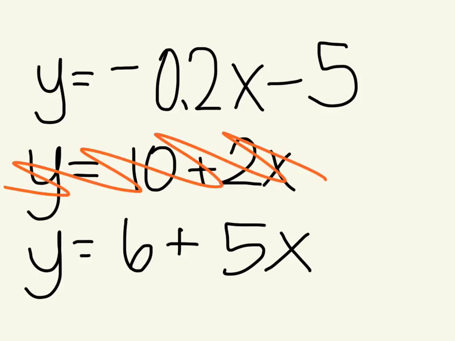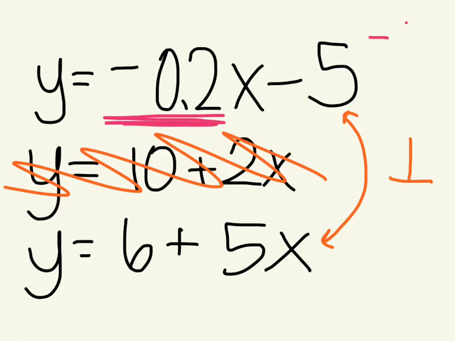3. Y equals 10 plus 2x is not perpendicular to these 2 equations. They are perpendicular to each other because their slopes are opposite reciprocals of each other. So let's just verify that. Our slope in this equation at the top is negative 2/10.